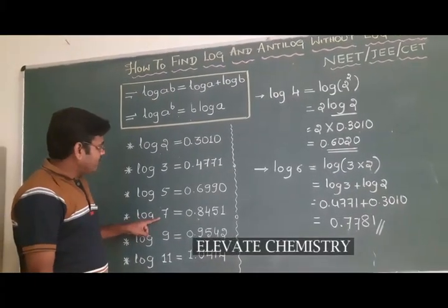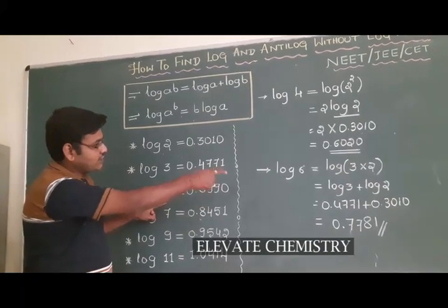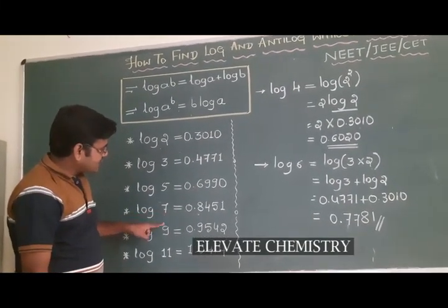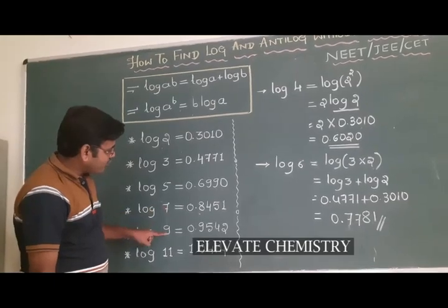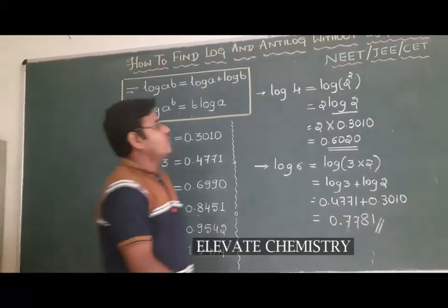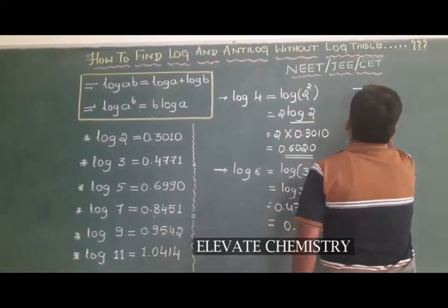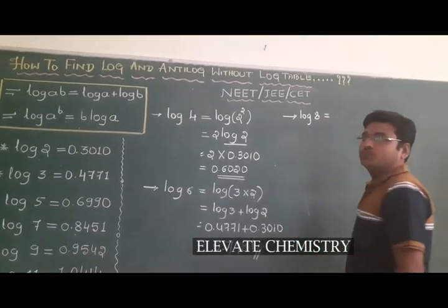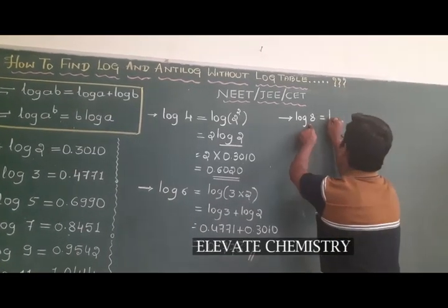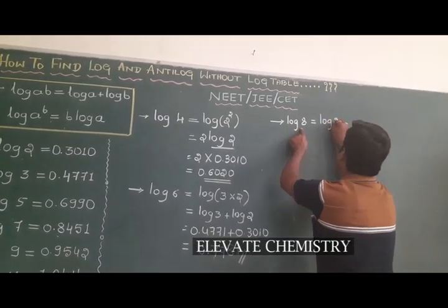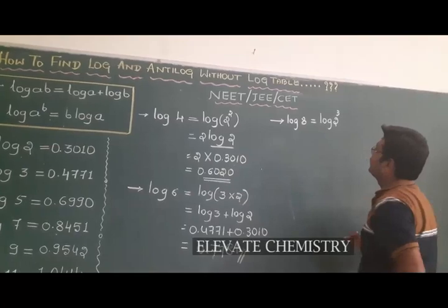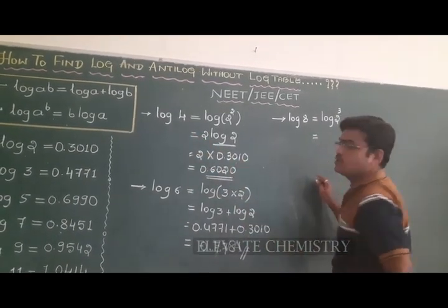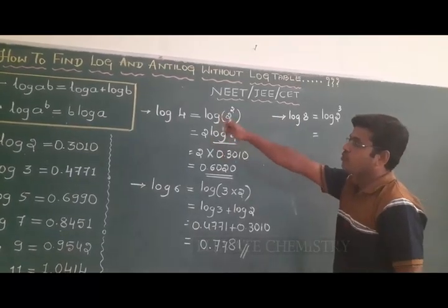Now the third example. Log 5, log 6, just now we calculated the log 6 value, log 7 is there. Next is log 9, so log 7, next log 9, log 8 is missing. So let us take a third example, log 8. Log 8 equal to, let us write this log 8 in the form log 2 raised to 3. This is again in the form log a raised to b. So log a raised to b equal to b log a.